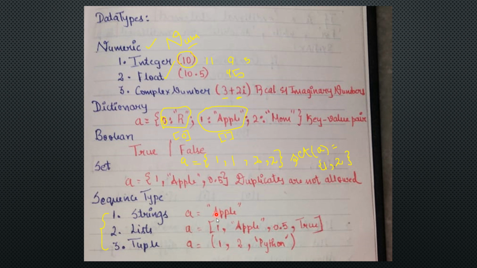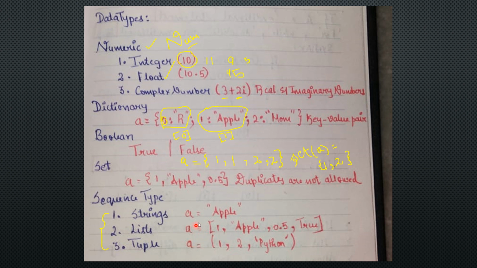A string is a combination or sequence of letters put together. You usually enclose a string inside double quotes or single quotes. If you assign a value enclosed within double or single quotes to a variable, it's considered a string.